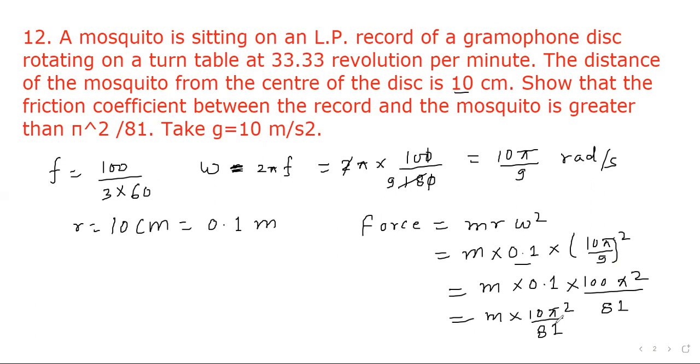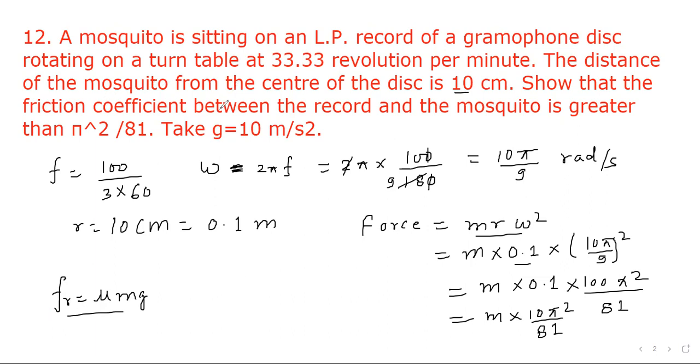Now, frictional force is given by friction. So frictional force is given by, let's write it as small fr. So fr equal to mu mg. And this force will also be same. The two forces must be equal. Only then particle will remain stick. Here it is mosquito.